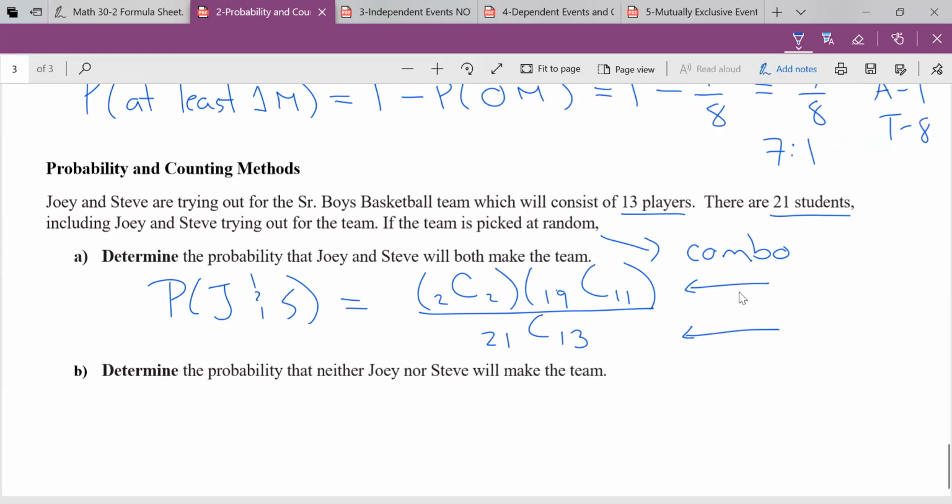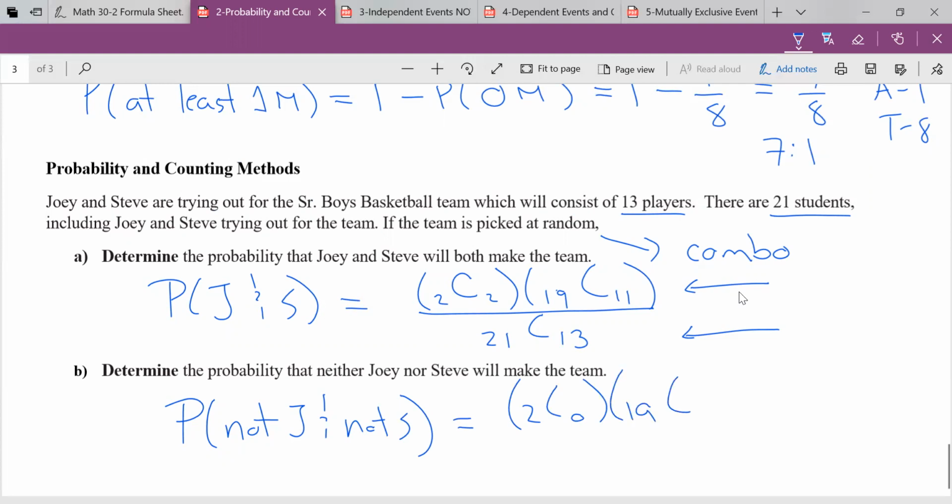Okay, determine the probability that neither Joey nor Steve make the team. So not Joey and not Steve. Poor guys. Well, if I don't want either of them, I select 0. That means there's 19 more people to select from, but I need 13 of them in this one, over 21C13.